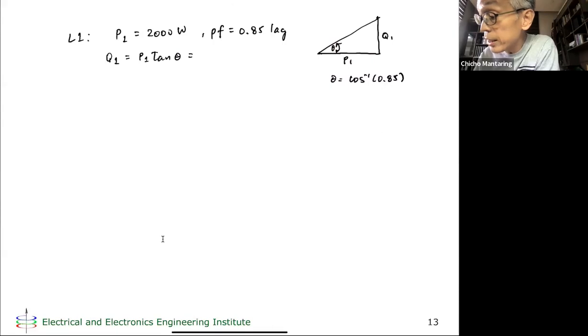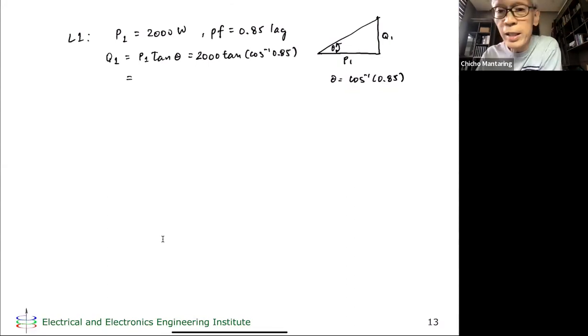So that's 2000 times the tangent of arc cosine of 0.85, because theta is arc cosine of 0.85. And if I compute this, this is 1,240 vars.